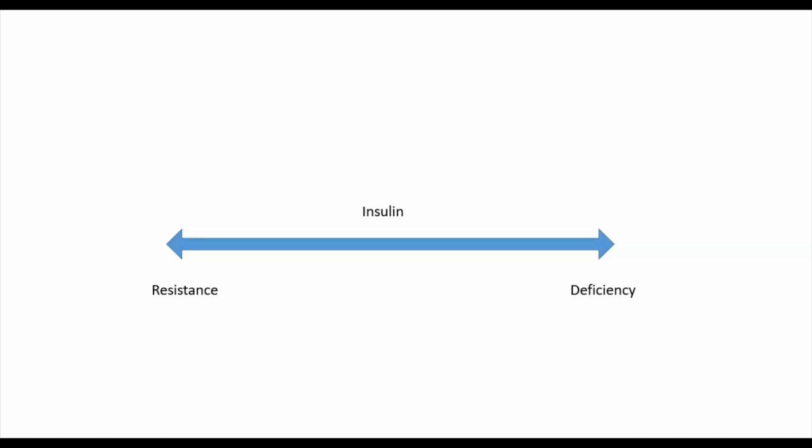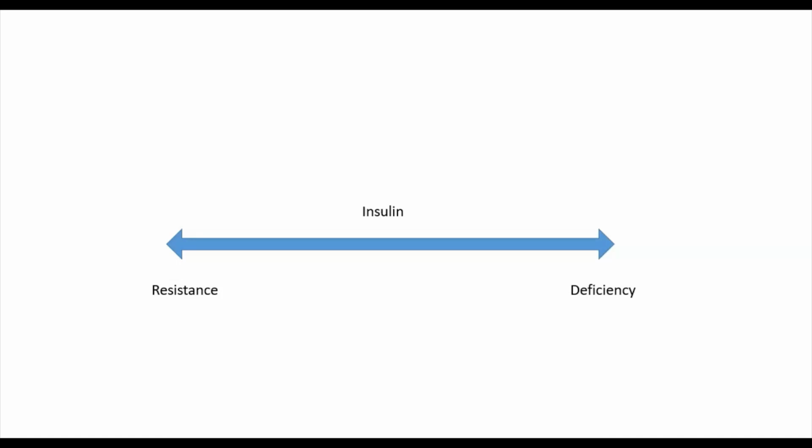But ultimately, diabetes is a problem with insulin. On one end of the spectrum, we have insulin resistance, which is the hallmark of type 2 diabetes. On the other end of the spectrum, we have insulin deficiency, which is the hallmark of type 1 diabetes, if it is due to autoimmune-mediated destruction of pancreatic beta cells which normally secrete insulin, which typically occurs early on in the patient's life.